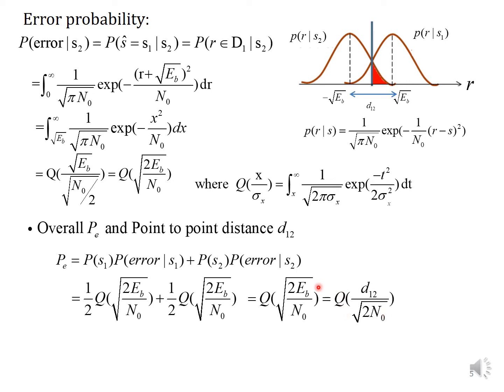Or you can also say that the signal to noise ratio, EB over N0, determines the error probability. In general, we can write this error probability in this form: a Q function of half of the distance over the standard deviation of the noise. They are all equivalent, and this is always true.